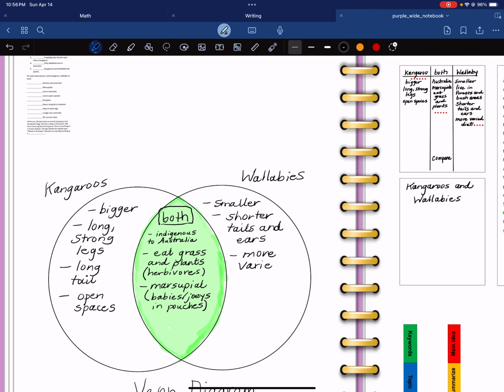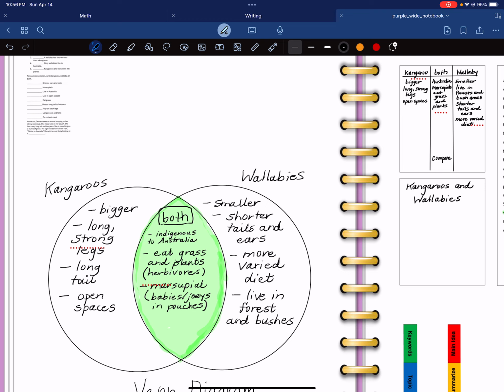Kangaroos eat a lot of grass, but wallabies can get more varied diets because they like to live in forests. And in Australia, there is bushland where they have shrubs and that sort of thing. Wallabies are more prone to be found in those areas.